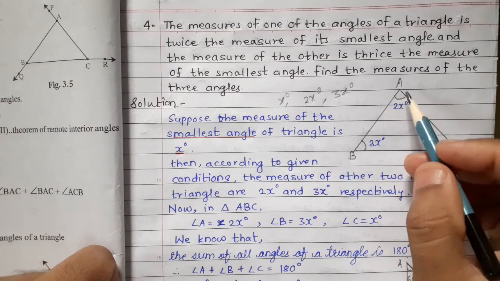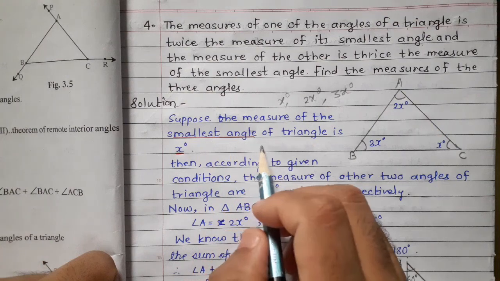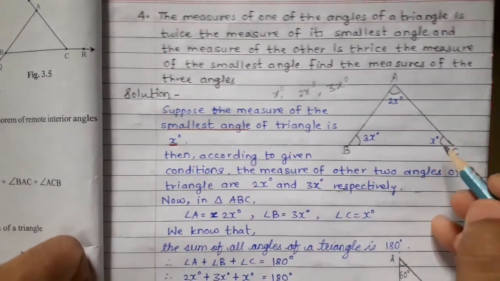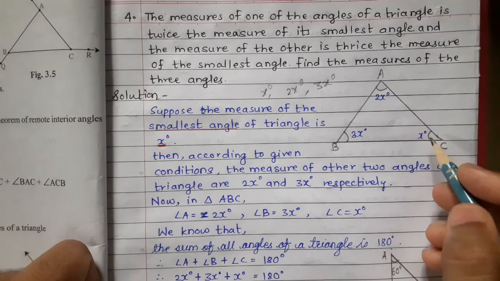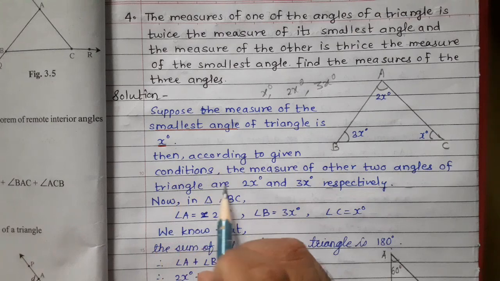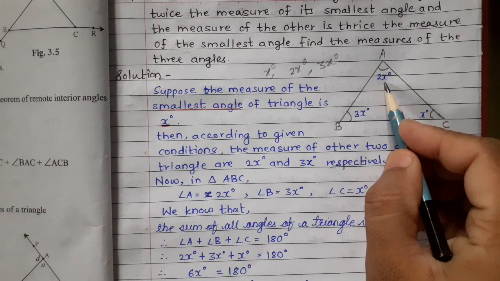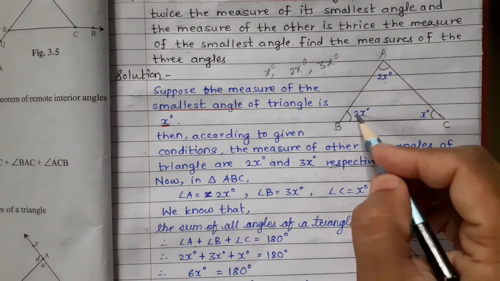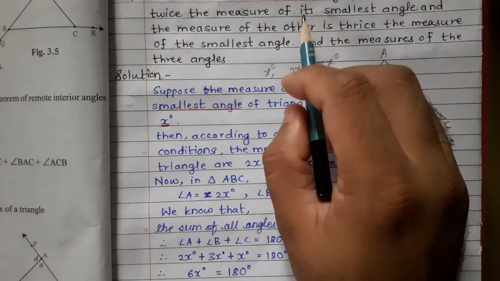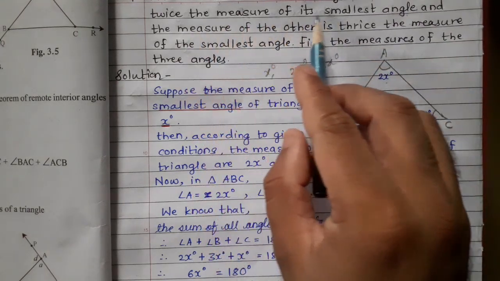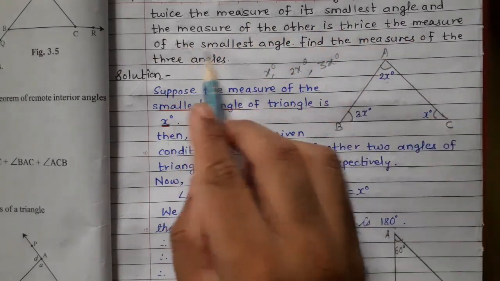So in triangle, we suppose we are having triangle ABC, and the measure of the smallest angle of a triangle is x degree. Then according to the given condition, the measure of other two angles of the triangle are, one angle is 2x degree and another is 3x degree, because one angle is twice the measure of its smallest angle and another is thrice the measure of the smallest angle.